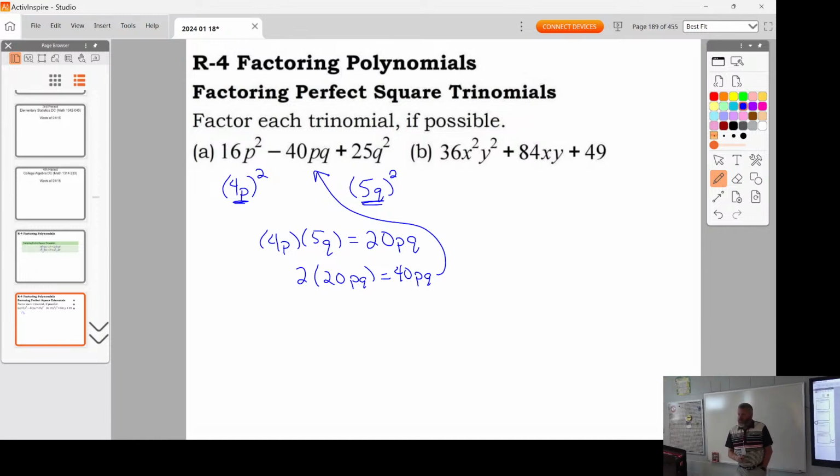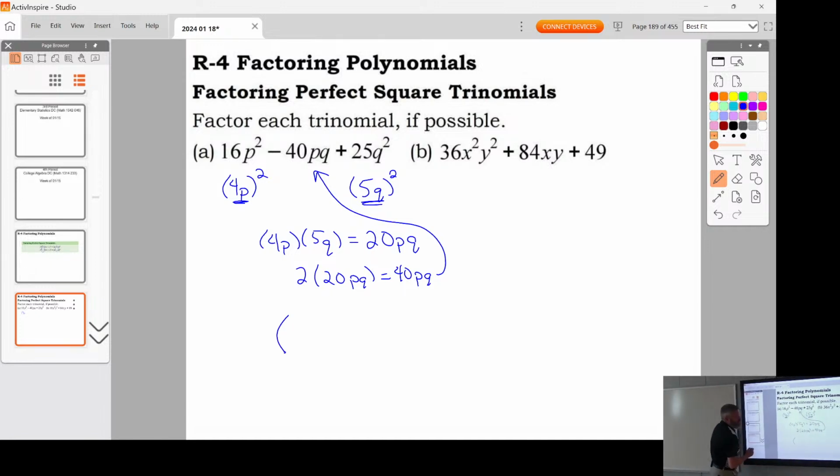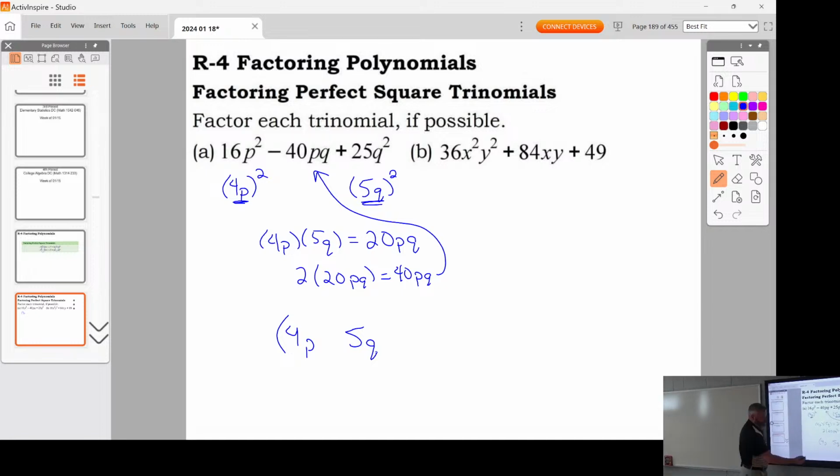Okay? So I know that this is a perfect square trinomial, and it factors into 4p and 5q. Oh, I didn't put a sign there for a reason. Squared. What sign goes there?